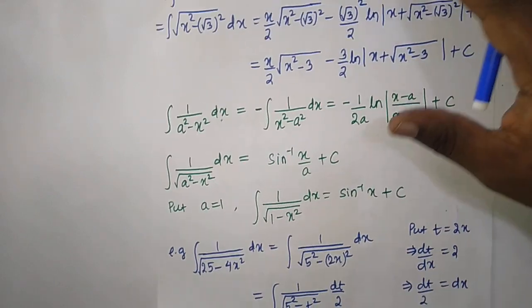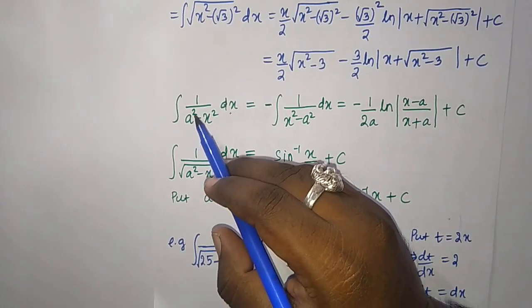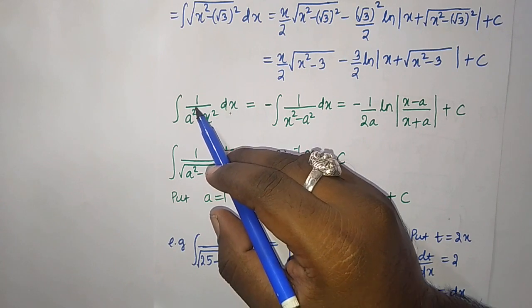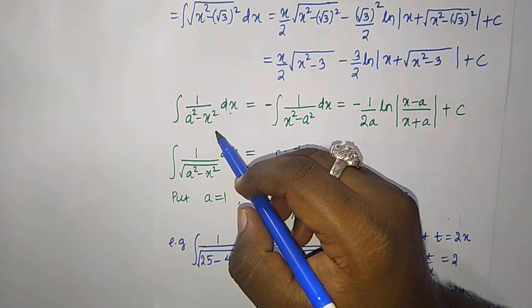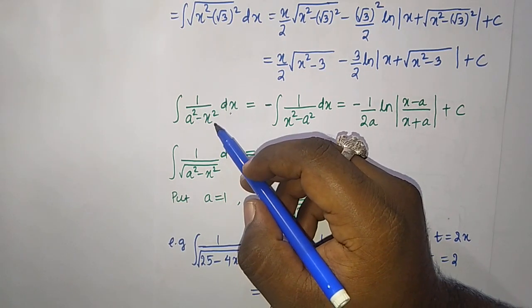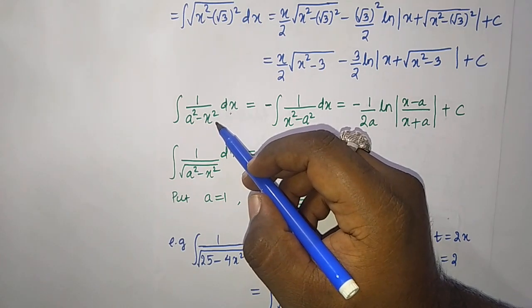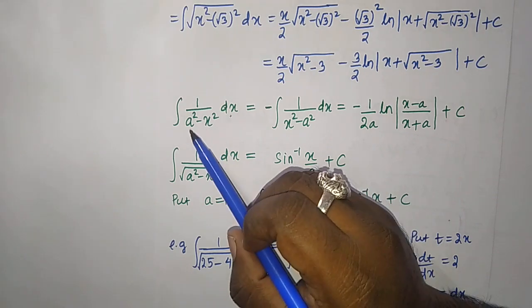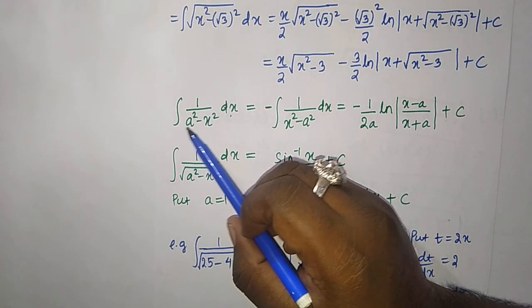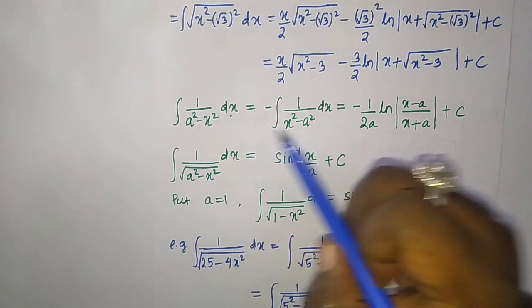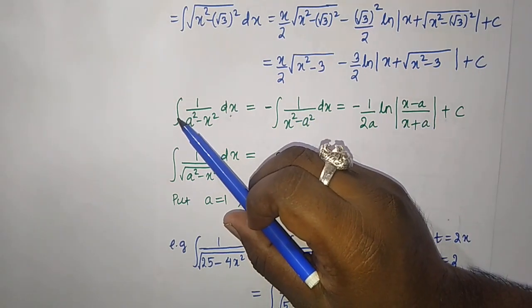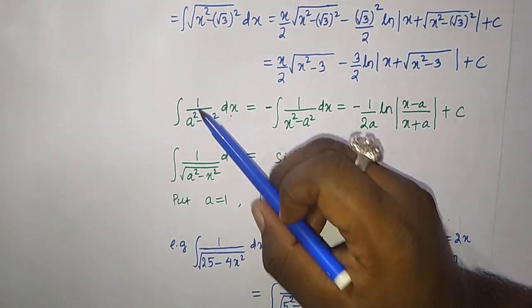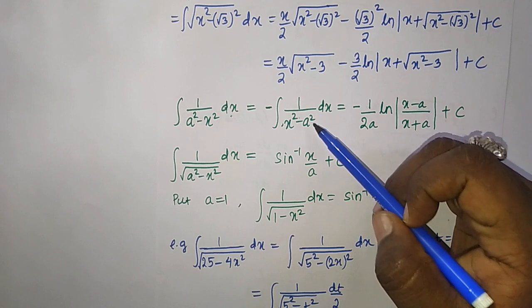Now another form. We have to find the integration of 1 by a square minus x square. But we know if we take the minus term common, then we will get 1 by x square minus a square.